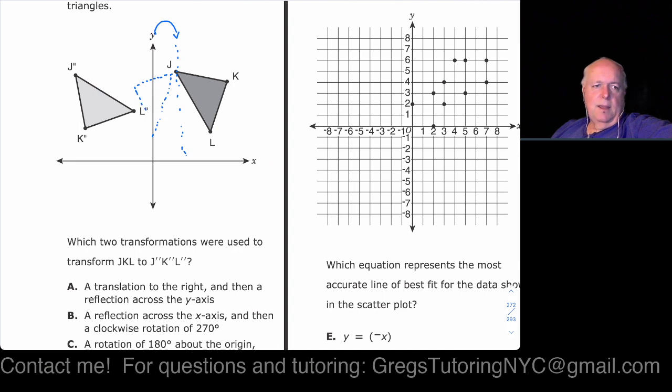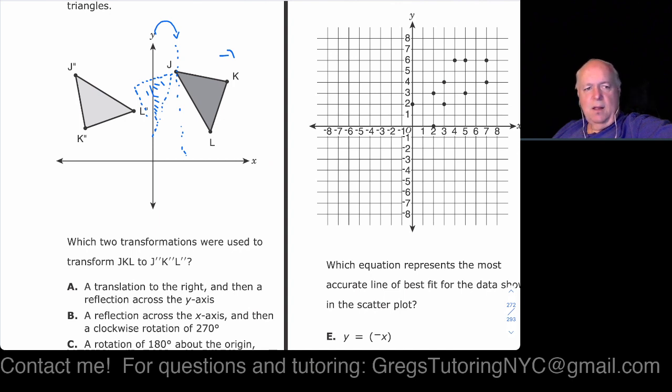Okay, and let me just shade it in blue. So what they're saying for A is that this is going to move that way first.